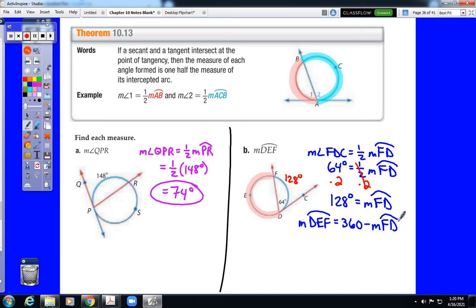The major arc and the minor arc connecting FD add up to 360 degrees. So now that we know that the minor arc is 128 degrees, it is relatively simple to find the measure of the major arc. We just need to do 360 minus 128, which is 232 degrees. That would be the answer to the question. That's the measure of arc DEF.